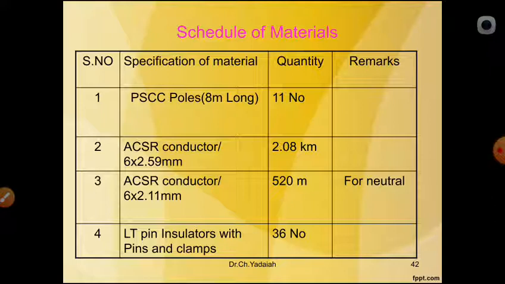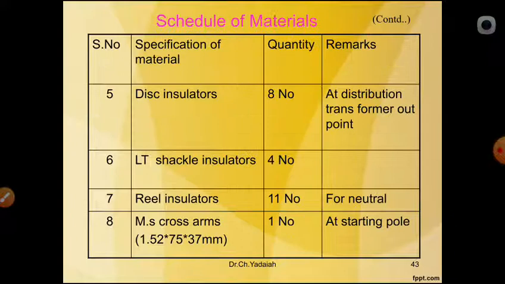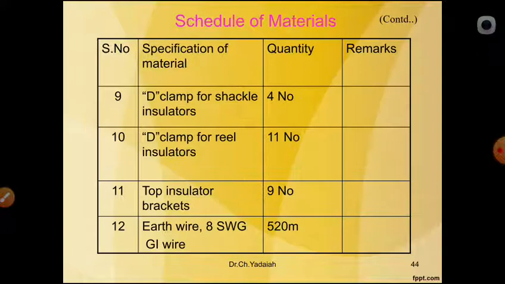Next, ACSR conductor, for this we also calculate for the neutral wire, so 520 meters for the neutral, and LT pin insulators 36 with the clamps. Next, disc insulators, we calculated 8 numbers, LT shackle insulators 4 numbers at start, reel insulators 11 for the neutral, MS cross arms 1 at starting, D clamps for the shackle insulators 4 numbers, D clamps for the reel insulators 11 numbers, and top insulator brackets 9 numbers.